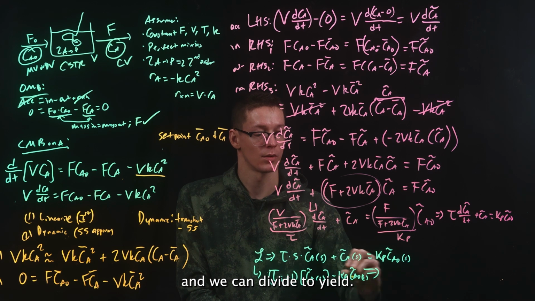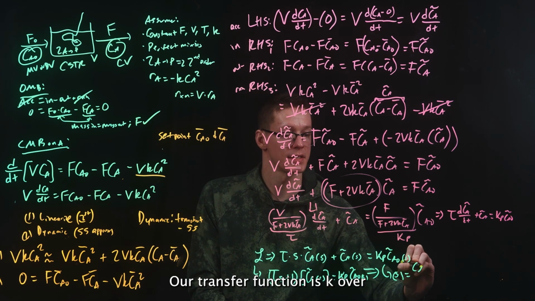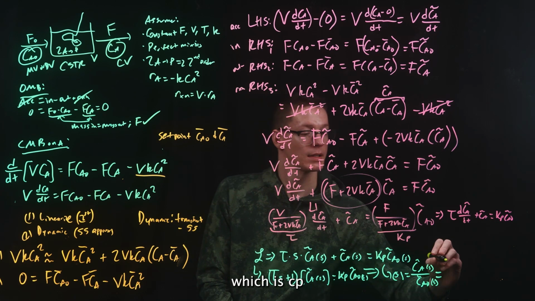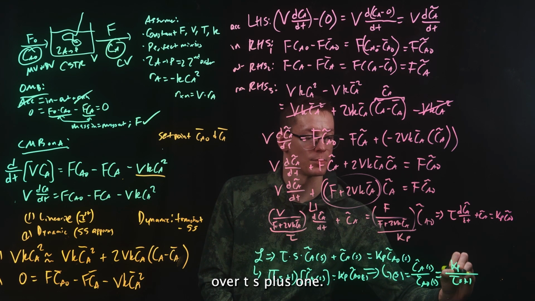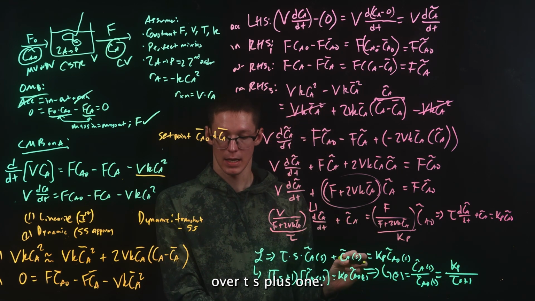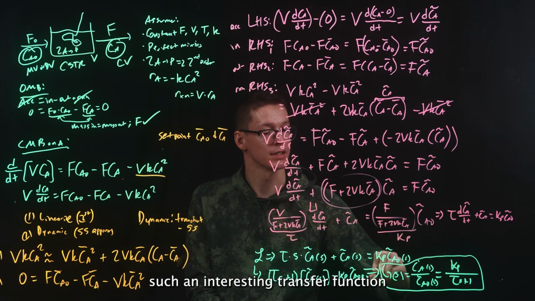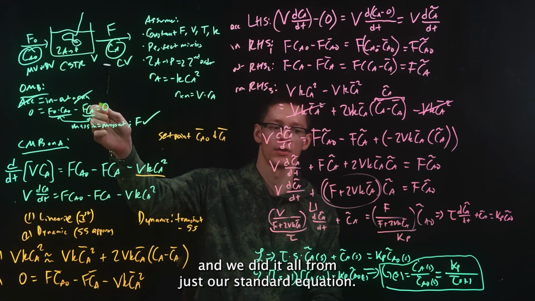And we can divide to yield our transfer function: Ca over Ca naught, both of s, which is Kp over tau s plus 1. And in this way, we have generated such an interesting transfer function. And we did it all from just our standard equation.